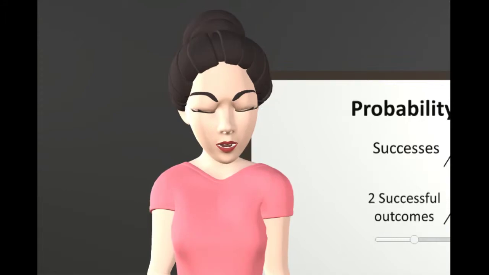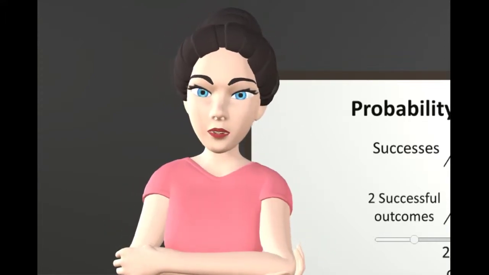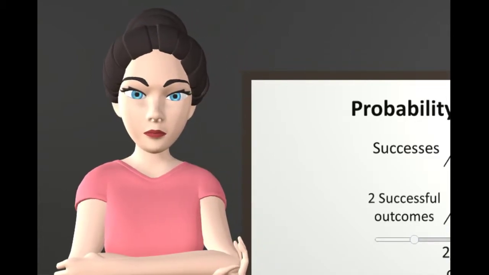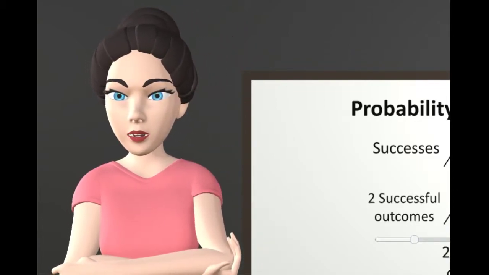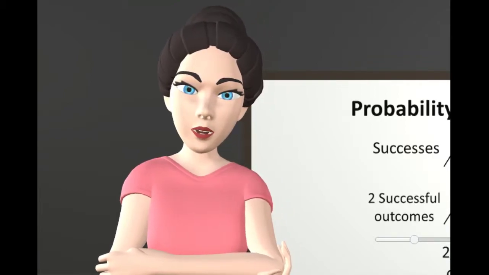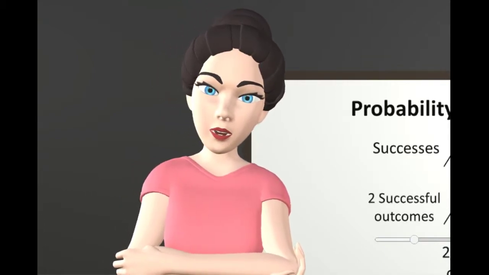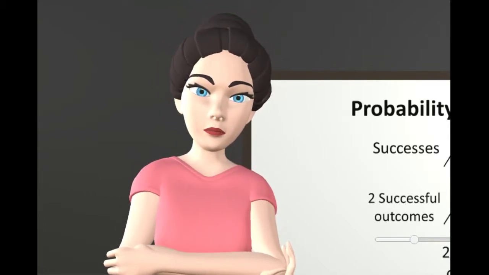So the probability of success is 2 out of 6, or 1/3. We can expect a 5 or 6 to come up about 1/3 of the times the die is rolled. The probability of success can be symbolized by the letter P.